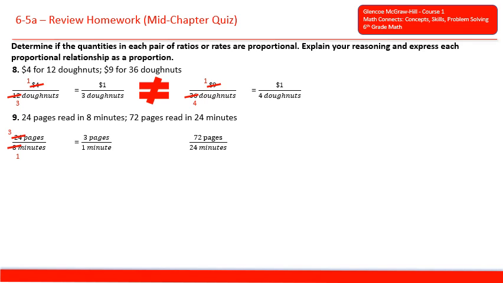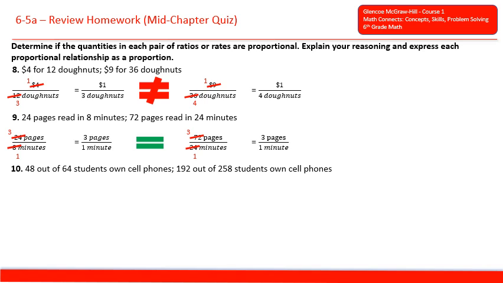And if we look at 72 pages for 24 minutes, we want to get the minutes down to 1 minute, and 24 is a factor of both 24 and 72, so we'll get 3 pages per minute, so those are equal.